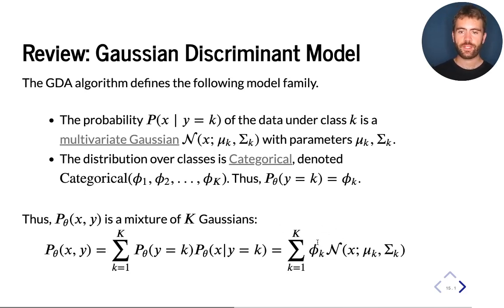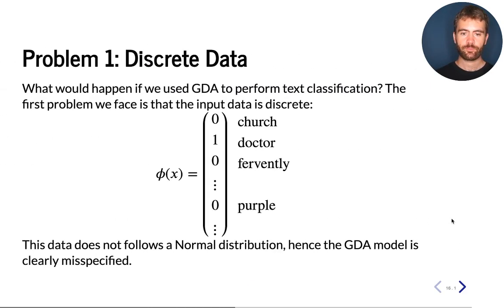So this is a Gaussian discriminant model, and it is a really important algorithm in machine learning. What would happen if we were to apply this algorithm to the text classification problem that we saw earlier? Well, the first problem that we immediately see is that our data, which follows a bag of words representation, is discrete.